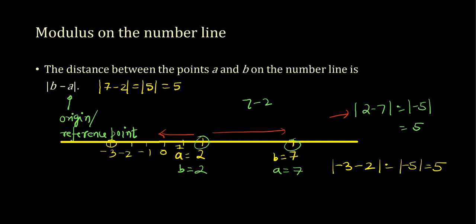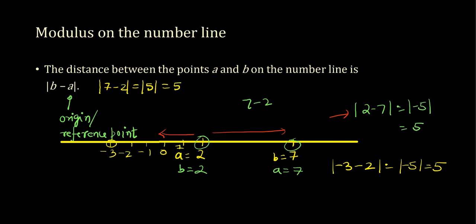Here's the simple thing. If it is talking about the distance of a point from the origin or a reference point, in this case A, you are moving a distance towards the right by that many units, or towards the left. If you are moving towards the right, you write the distance as positive, and if you are moving towards the left, you write the distance as negative.